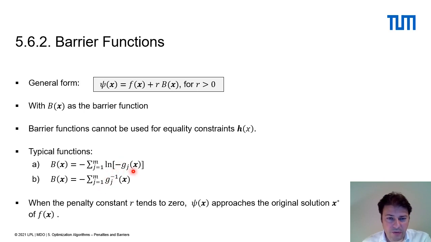And what you can already tell here is that when your x approaches the boundary of your feasible domain, then this term here will blow up. It will become pretty large, and the same here.